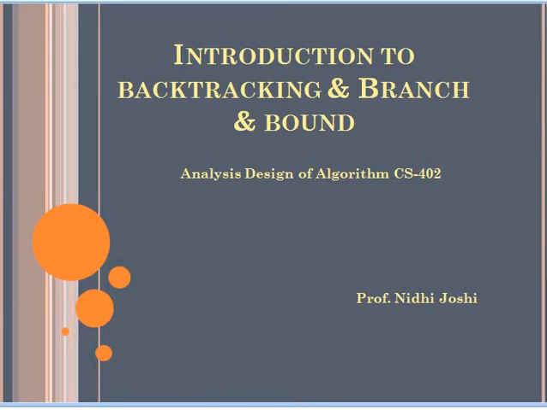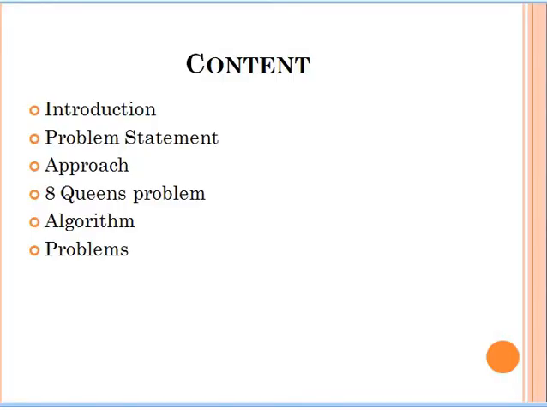In today's session I am going to discuss what is backtracking. After that I will discuss the problem statement and the approach that we follow in backtracking. After that we are going to discuss the queens problem, particularly the 8 queens problem, the algorithm of the 8 queens problem, and one problem related to the 8 queens problem.